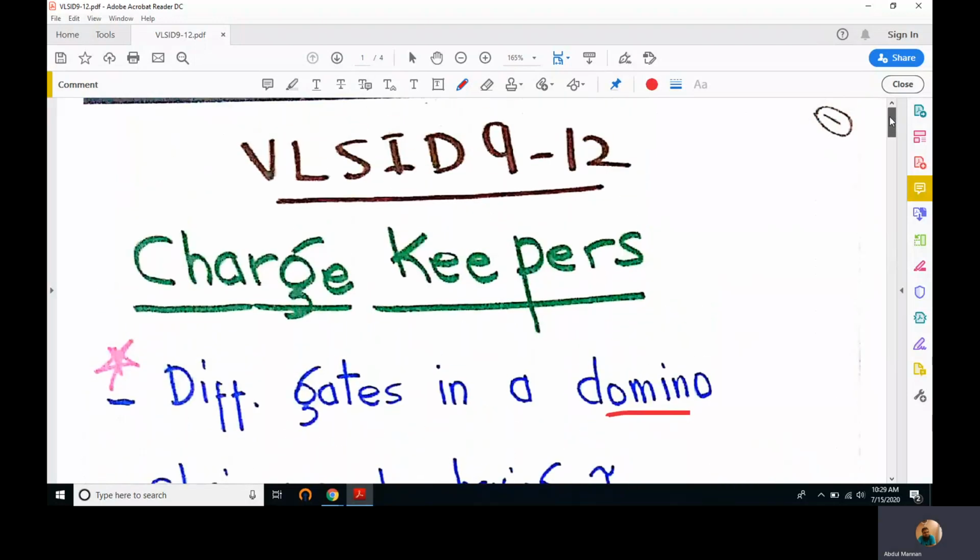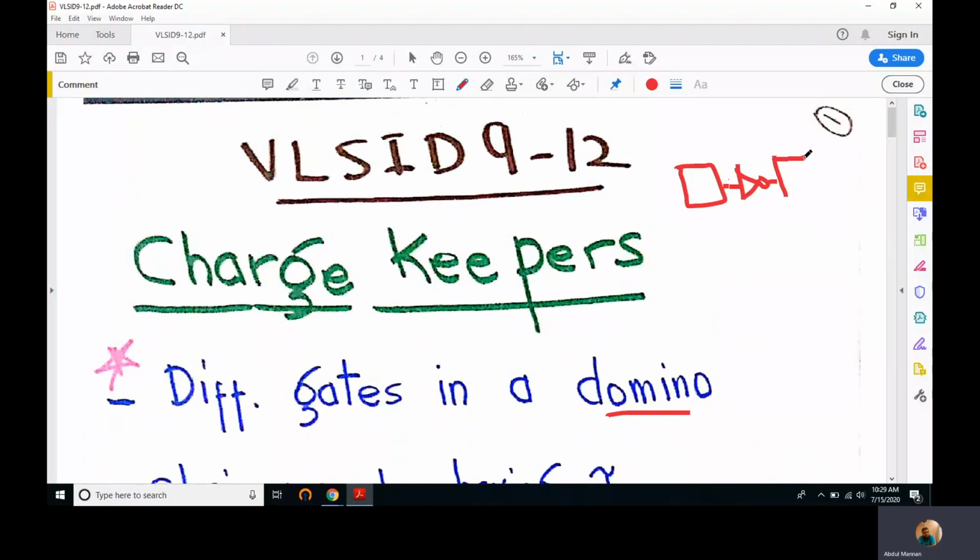To combat that problem, we introduced domino logic, where we introduce a static NOT gate between stages. Here is a stage of dynamic CMOS implementation.